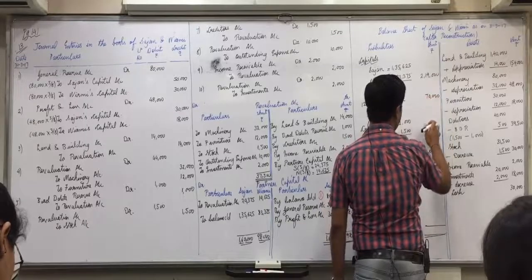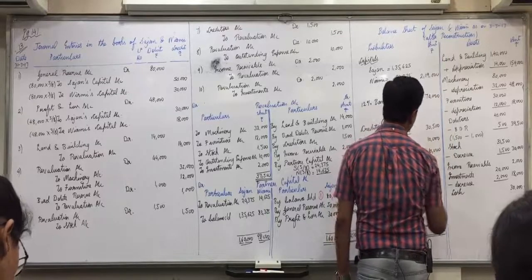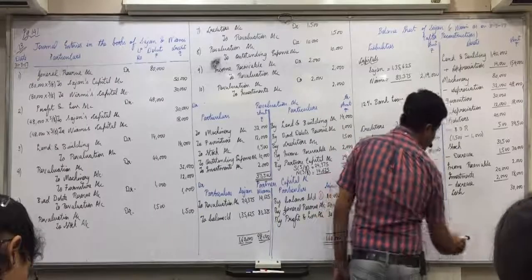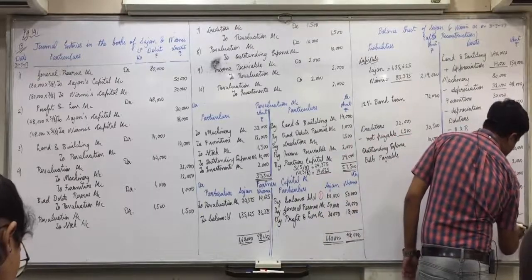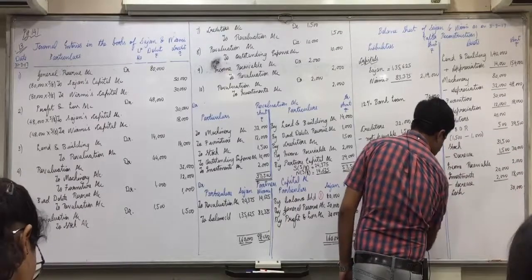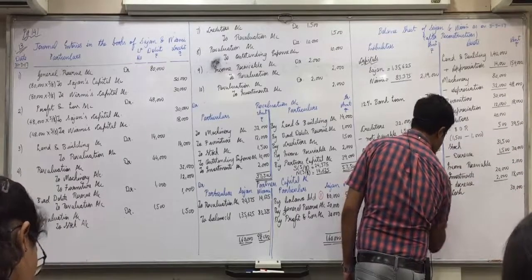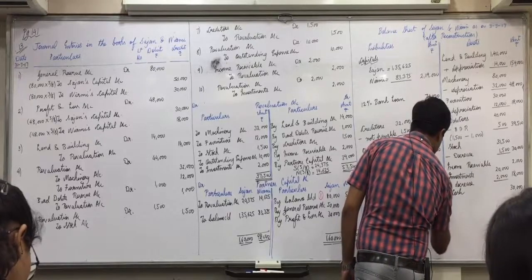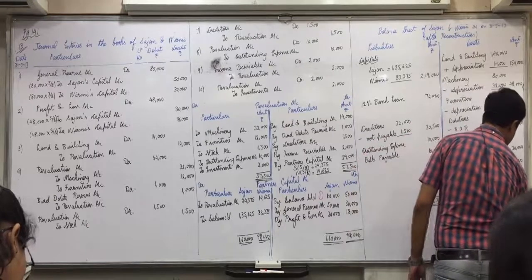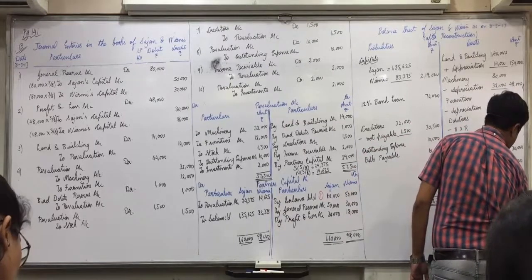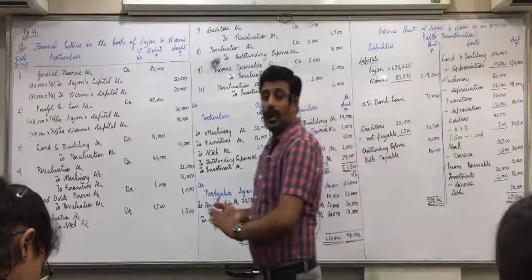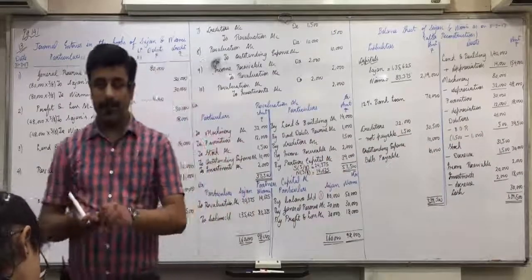Now the total is 339,500 and 339,500. See, is it the same on both sides or not? Yes, same. Understood that, everyone? Yes, sir.